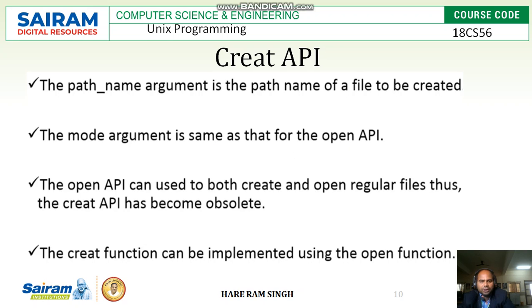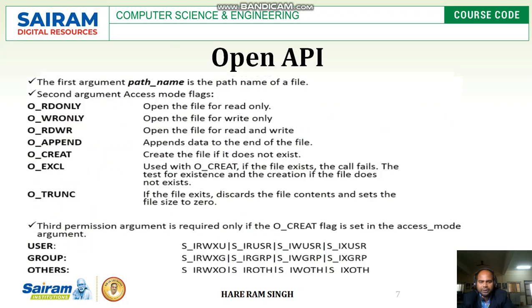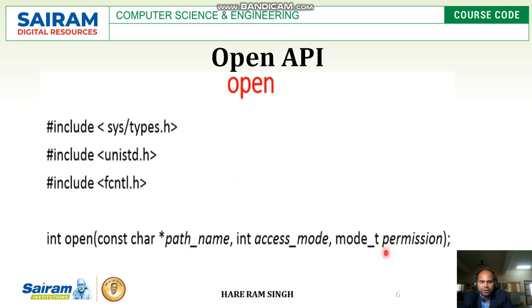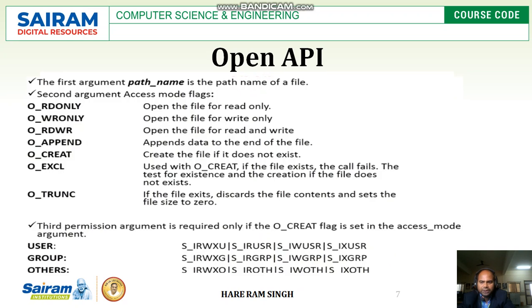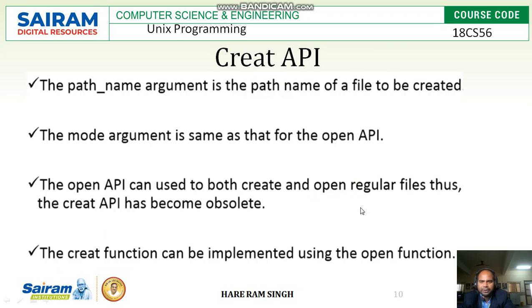As you saw, in the mode we saw it is nothing but the access mode, the permission for user, group and others. These are the values for group, this value, and for others this value. That is the mode. Similarly, here mode_t mode is there.